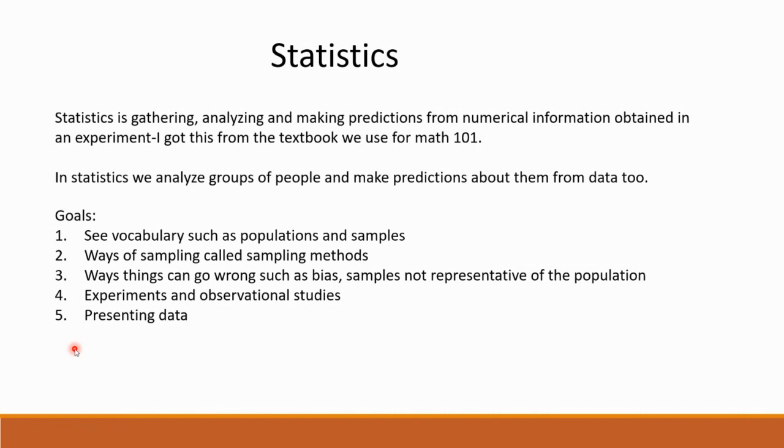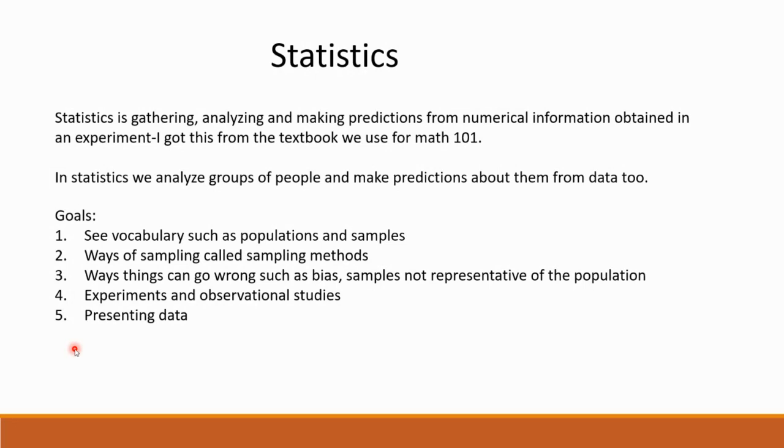And you also have to present the data. You can present it through things like histograms, scatter plots, different kinds of charts, different kinds of visuals. Now, it turns out also that probability and statistics are related. I'm not sure how much we'll see both at the same time, but we'll see.